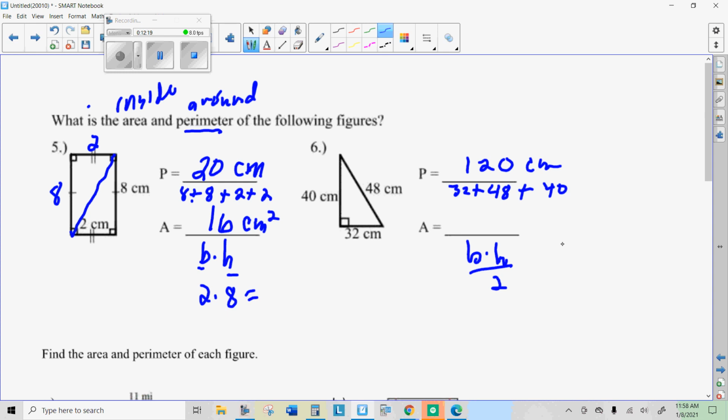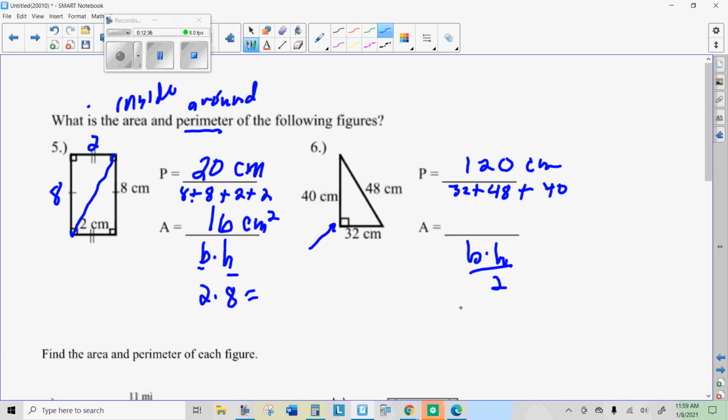And then area is base times height. Now the way you tell the base and the height is this little thing right here. It's the 2 sides that are perpendicular. A height has to be a straight up line, which the 40 is, and the base is the one that's attached to that when it's a right triangle like this.